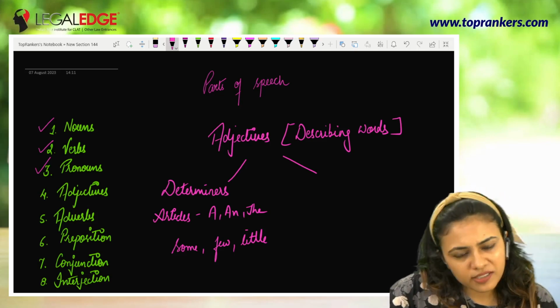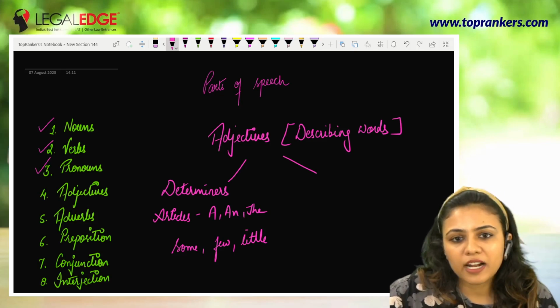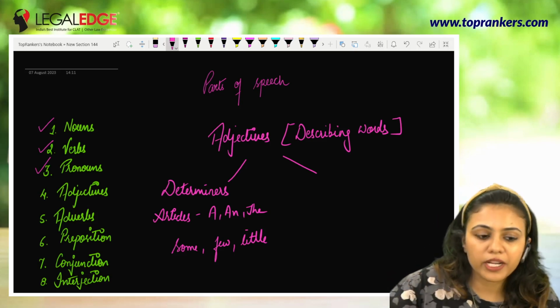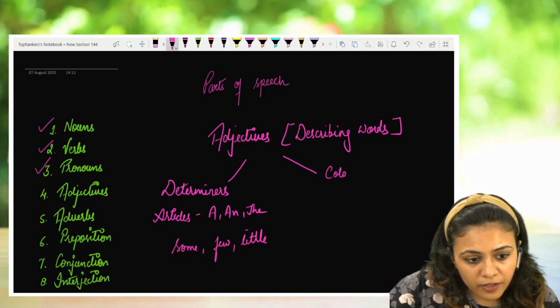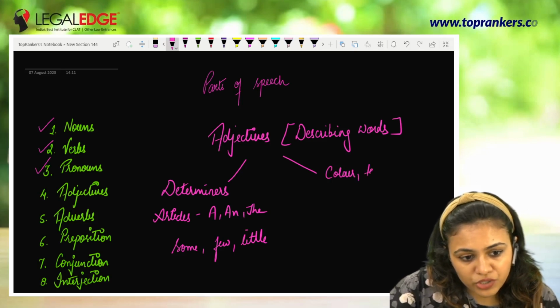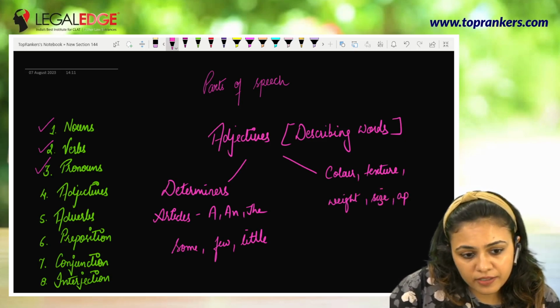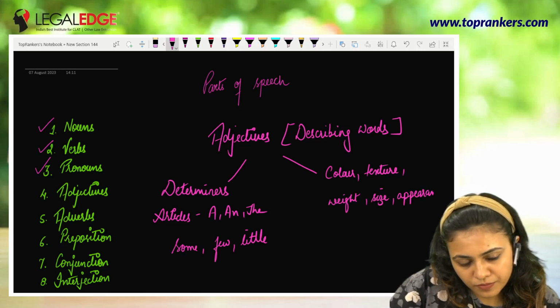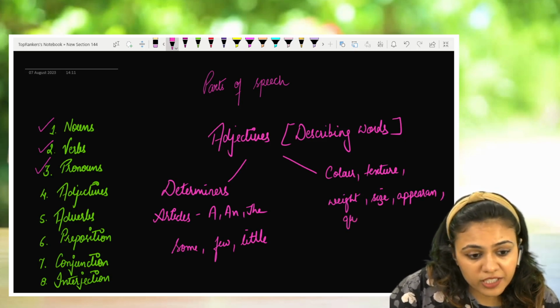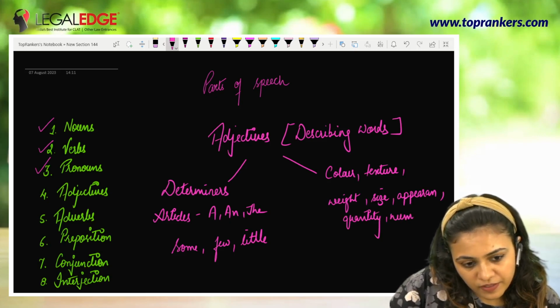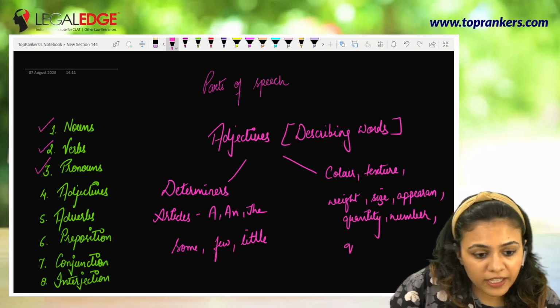And when it comes to describing words, describing words का मतलब क्या होता है? It actually gives us a description of something, right? So it can be the color, the texture, the weight, the size, appearance, sometimes even quantity, number. ये सारी ही चीजें हमें कौन बताता है?